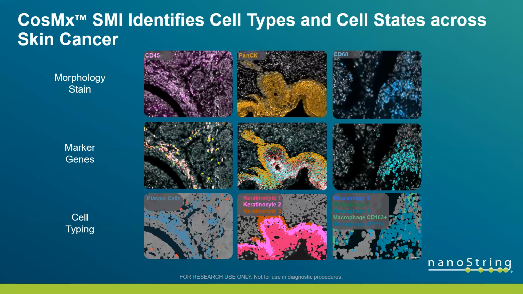Then in this middle row, we've got these cell type marker genes for plasma cells, and then for keratinocytes, and then for macrophages as well. And within this bottom row, we're looking at the cell typing results shown within the CosMx using the InSituType algorithm that we're employing within every run of our application as well.